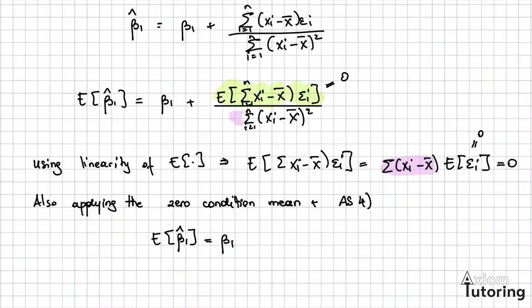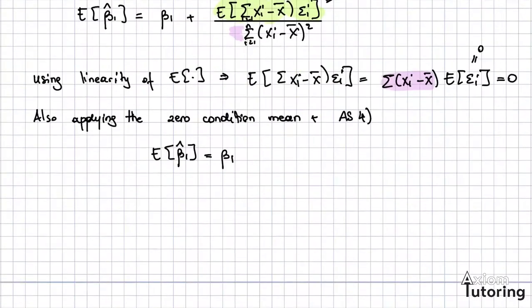The same exact calculation principle can be applied to the intercept as well. For the intercept, it might be a little clearer to see, because we can simply use the formula for the intercept, where we know that beta null hat is equal to y bar minus beta 1 hat x bar.